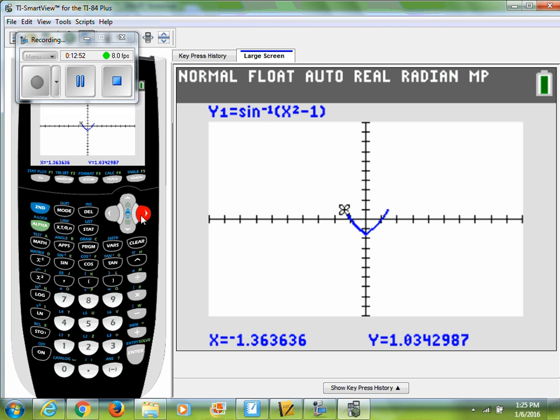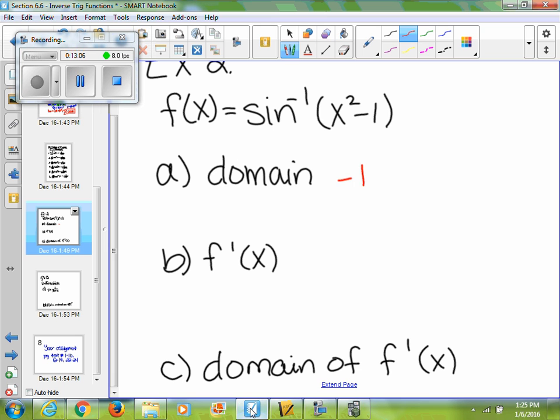It looks like my y values disappear if I go any further to the left of about negative 1.363 or 1.364 if we round it. So I know that negative 1.364 is going to be less than or equal to my x value, and now I need to find my right endpoint.